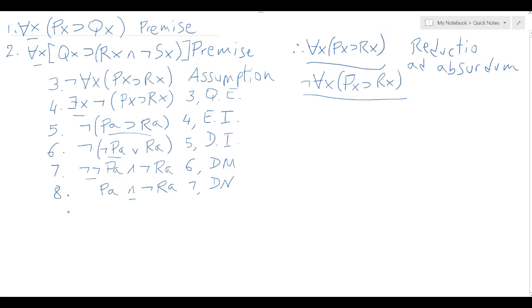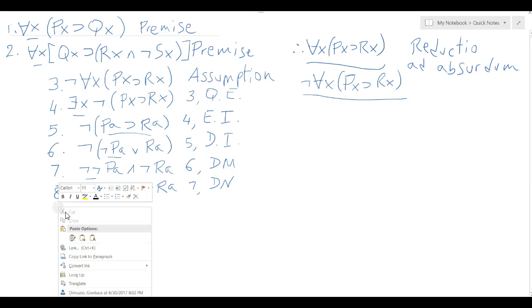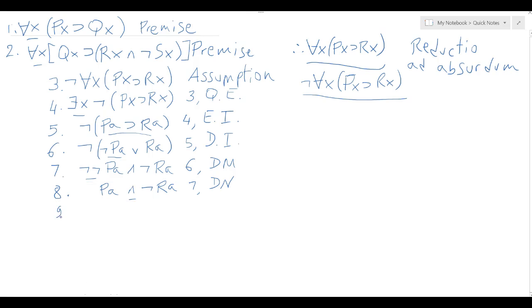So you can use simplification and make PA by 8 simplification, and also in the next step you can grab the not RA by itself, also by 8 simplification.